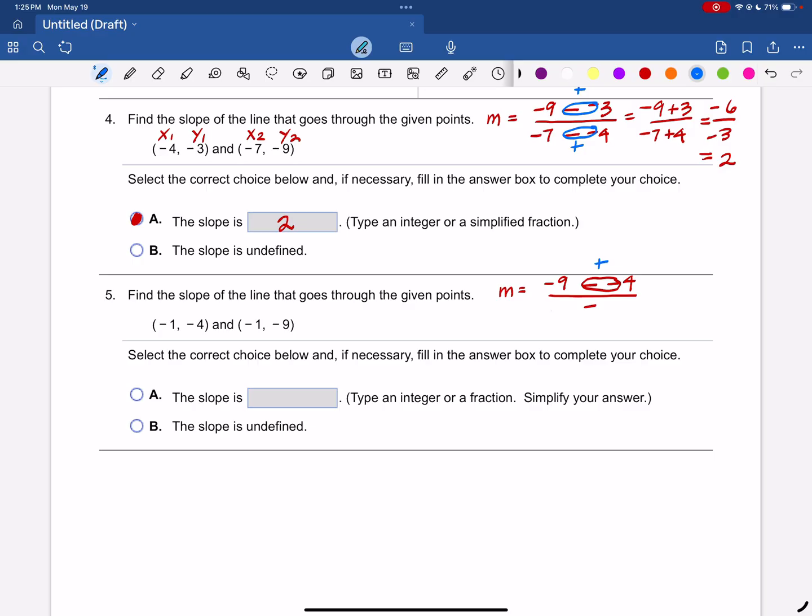My denominator, negative 1, subtract negative 1, and look, double negative is a plus. In the numerator, a negative 9 plus 4 is going to be negative 5. But this time in my denominator, a negative 1 plus 1 is 0. So this slope is going to be undefined.